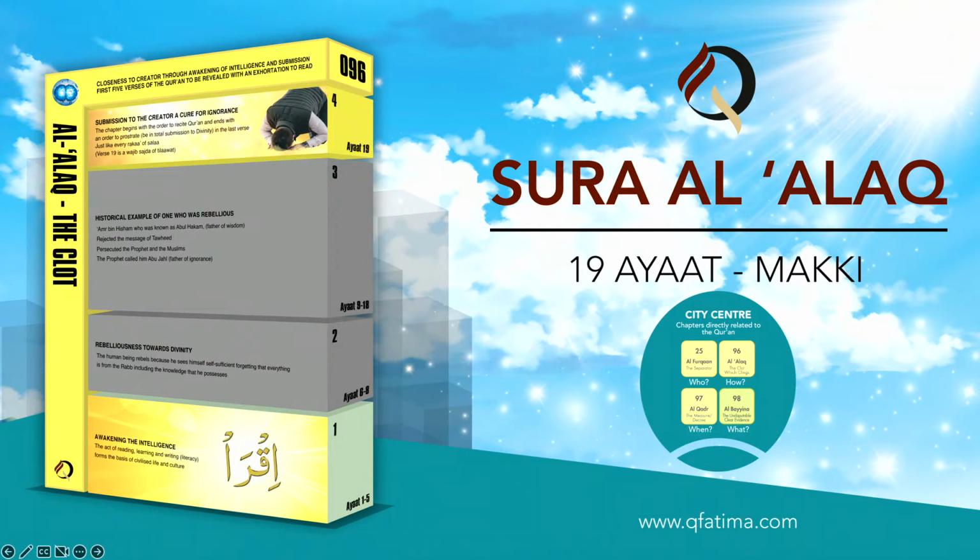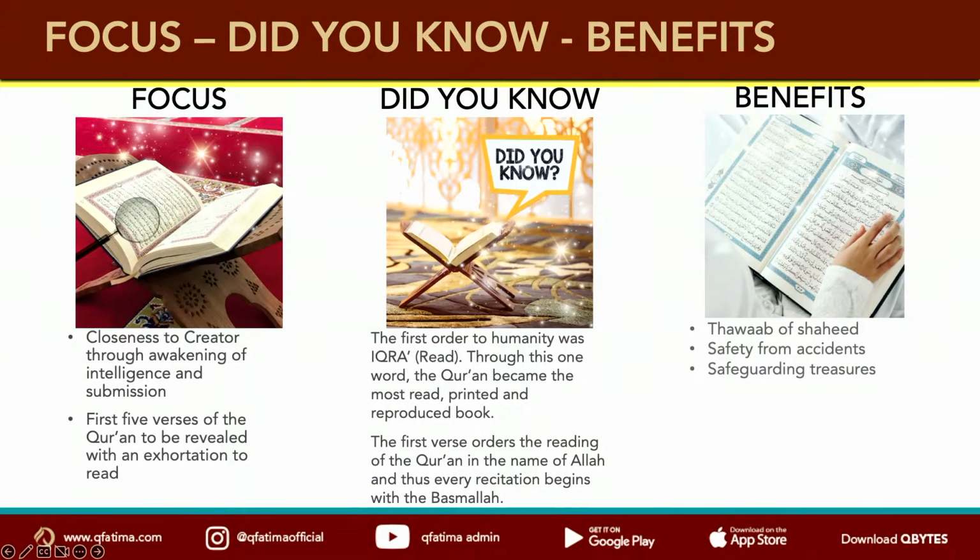The third is a historical example of a person who was both generous and wise, who was known as Abu al-Hakam, the father of wisdom. And yet the Prophet called him Abu Jahl, the father of ignorance, for specific reasons, and we'll go into it. And finally, how do I cure this ignorance? We're going to look at each of those sections, but we'll go through ayah by ayah like we've been doing all the other times.